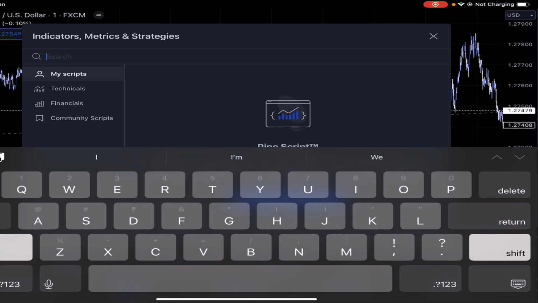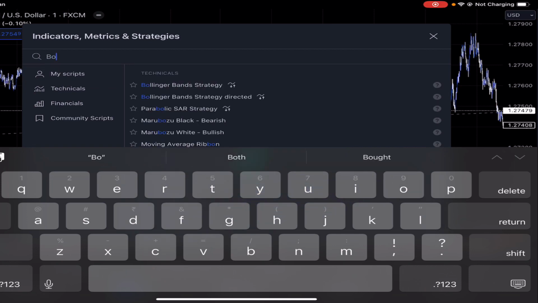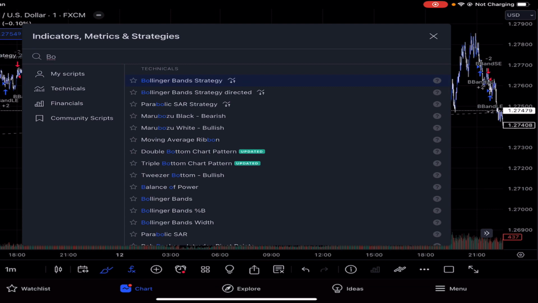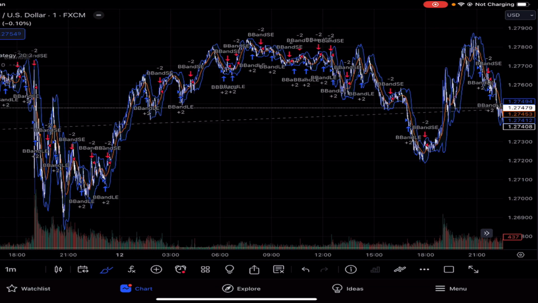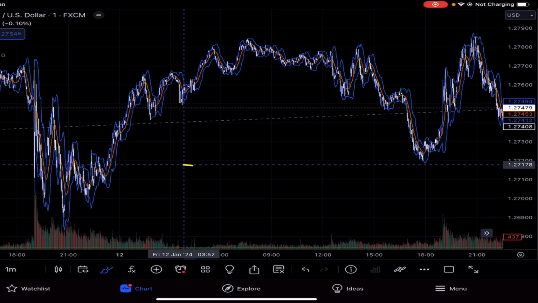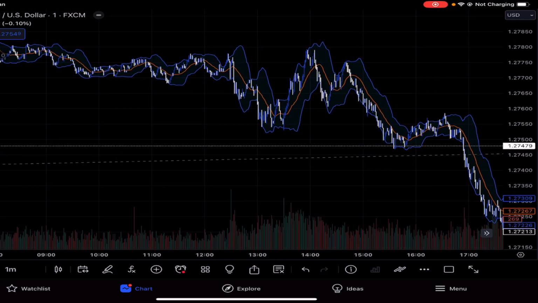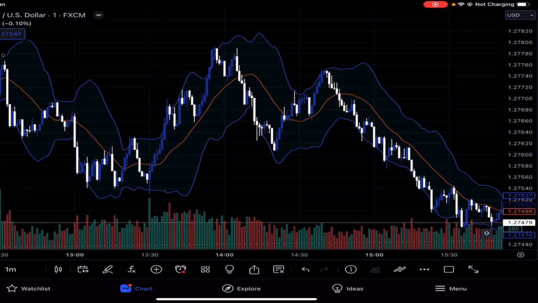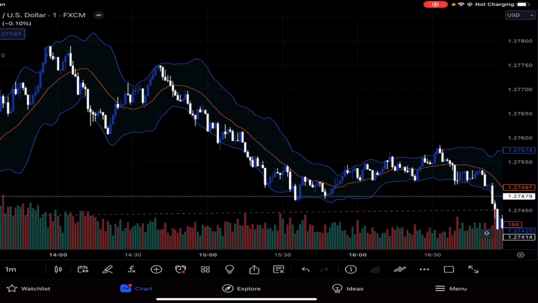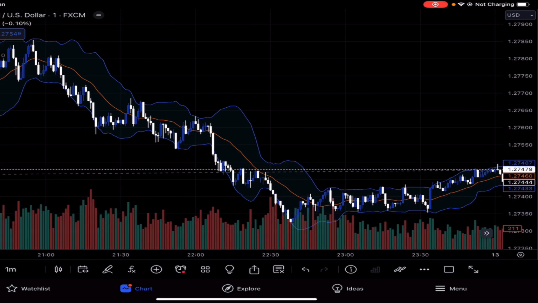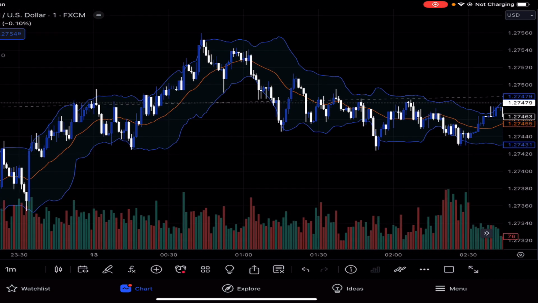If I go on Bollinger Bands, this is how my Bollinger Bands really look. Do you see how most of the time the price is trading inside the Bollinger Bands? Sometimes it will go out, but most of the time it is trading inside my Bollinger Band.